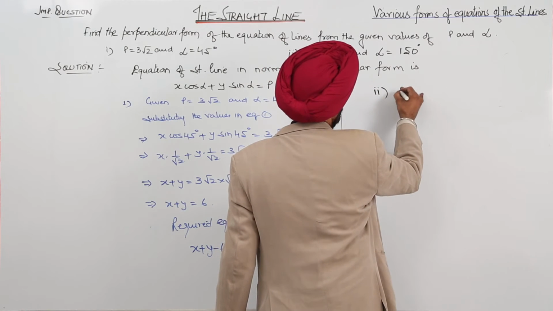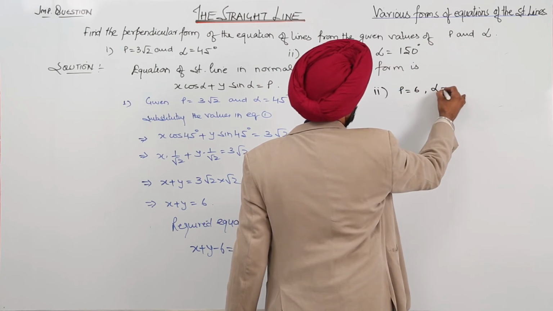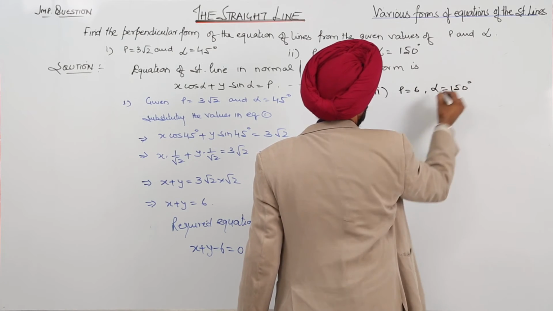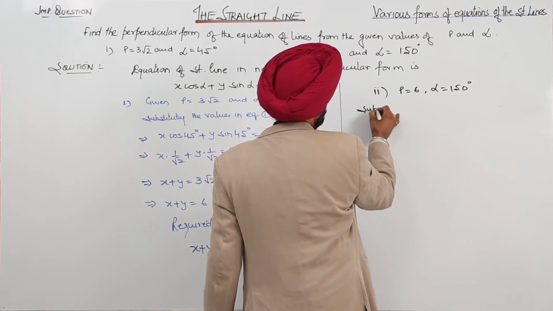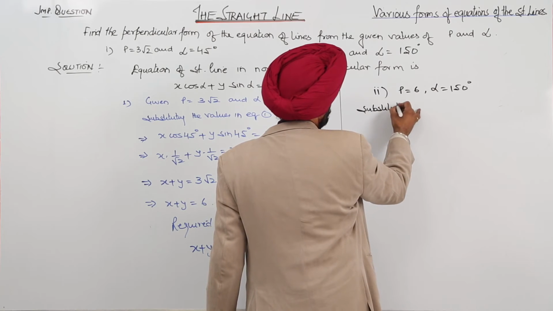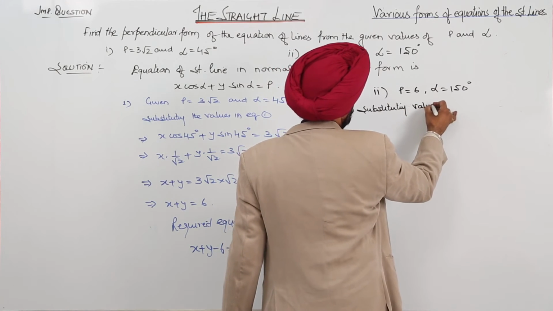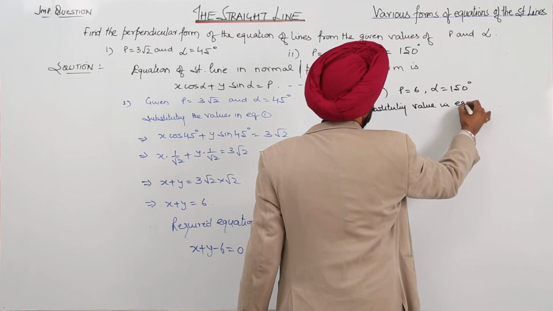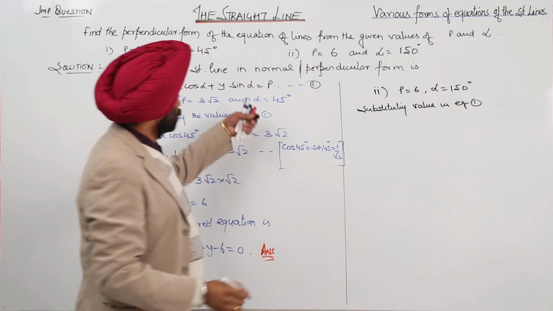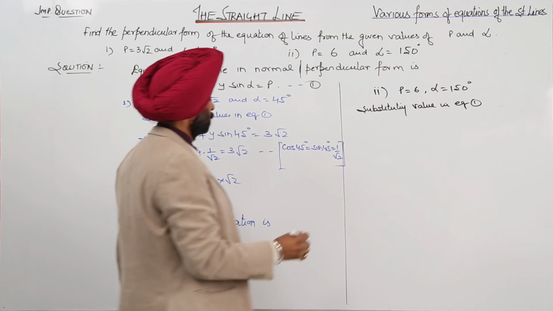given P is equal to 6 and alpha is 150 degree. Substituting values in equation 1, again same equation, equation 1. Okay.